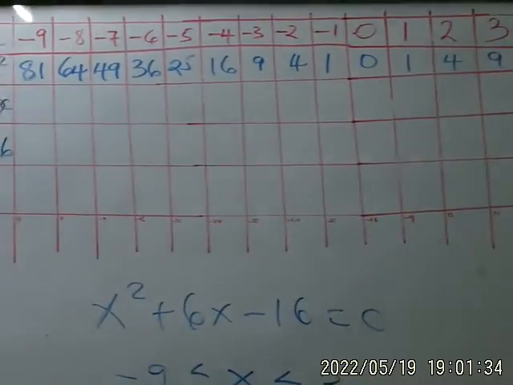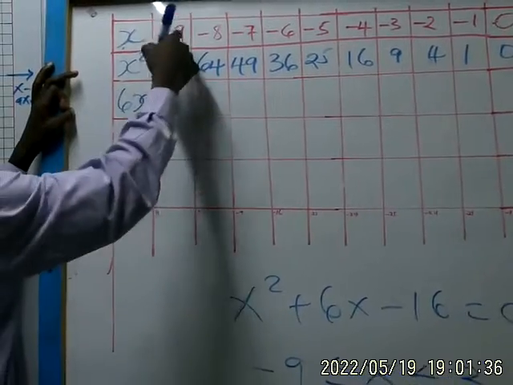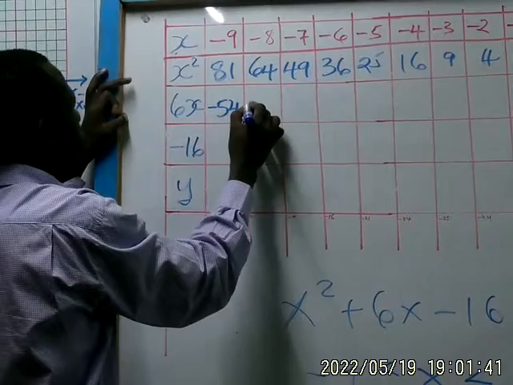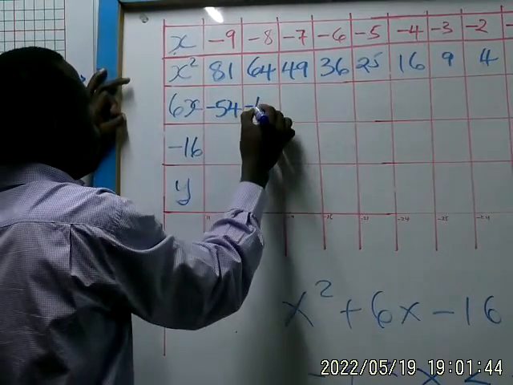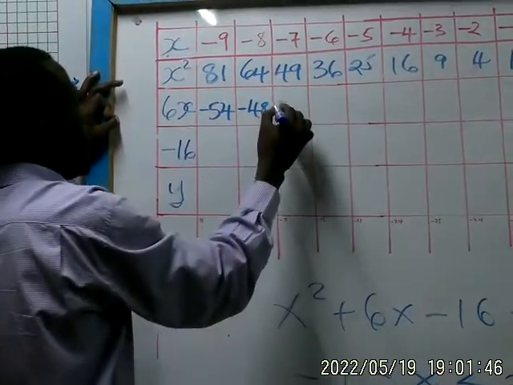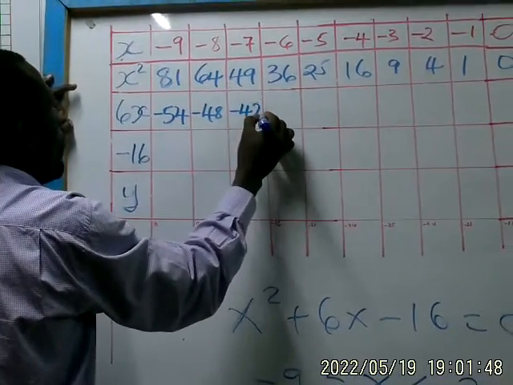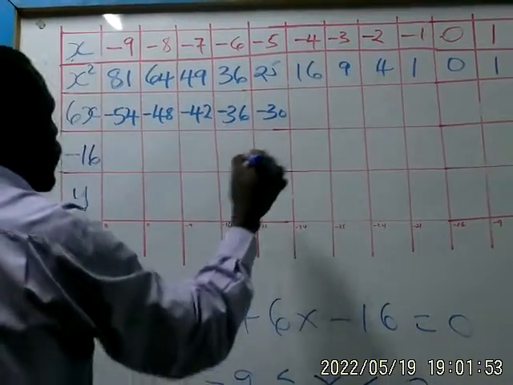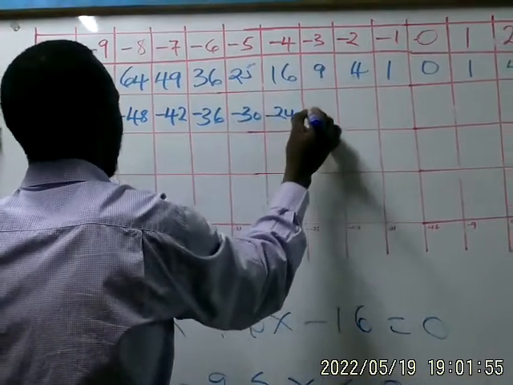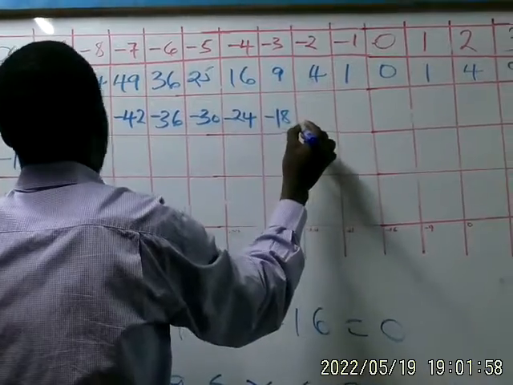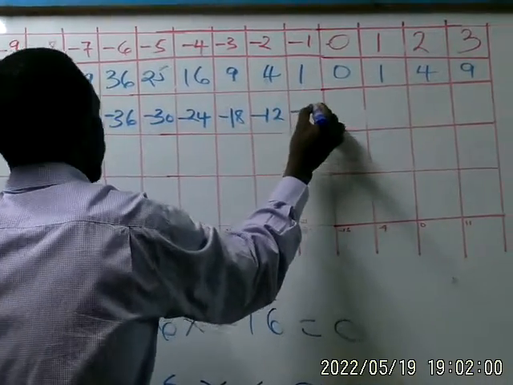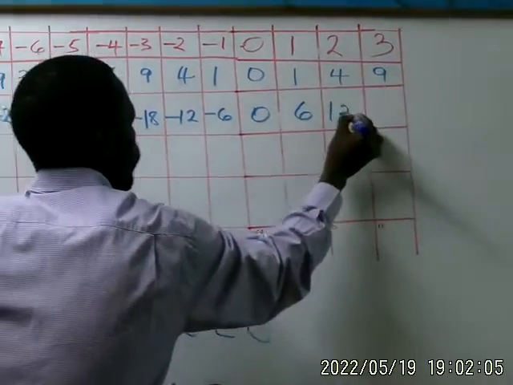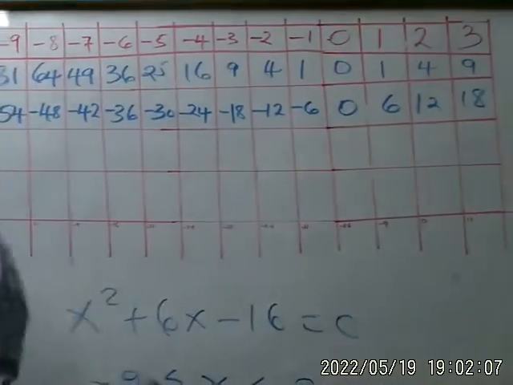On this other side, 6x will bring 6 times -9, which is minus 54, minus 48, minus 42, minus 36, minus 30, then minus 24, minus 18, minus 12, minus 6, this is 0, this is 6, 12, and this is 18.